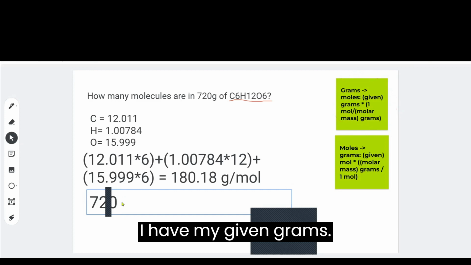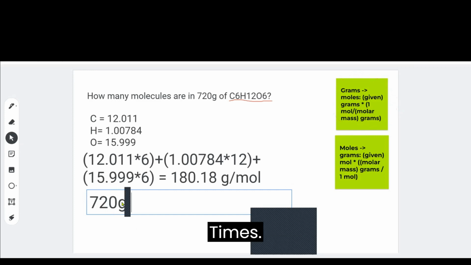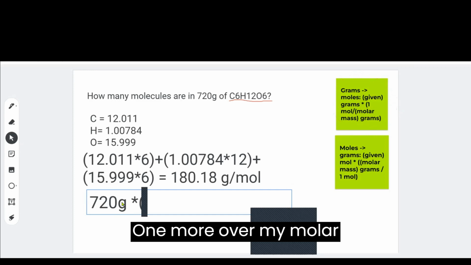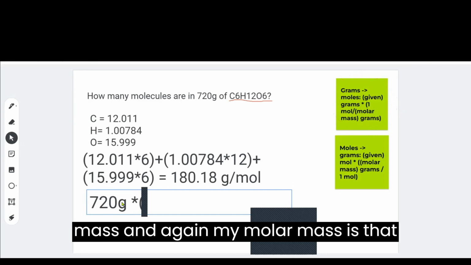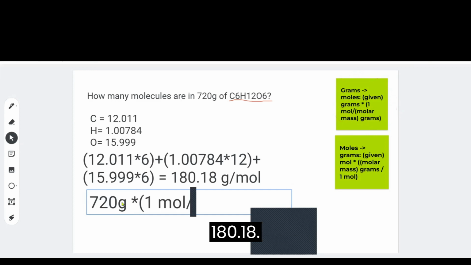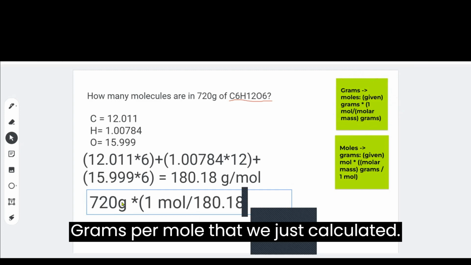I have my given grams times 1 mole over my molar mass. And again, my molar mass is that 180.18 grams per mole that we just calculated.